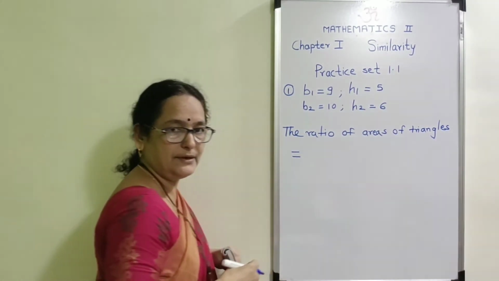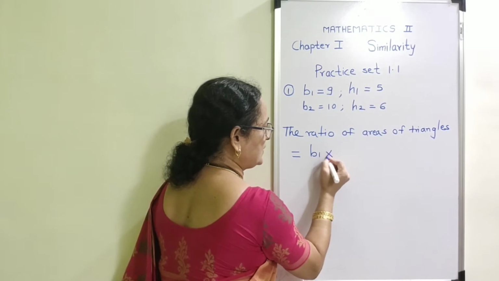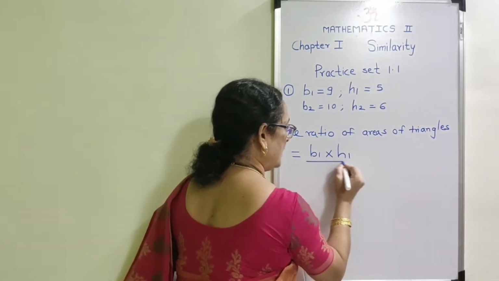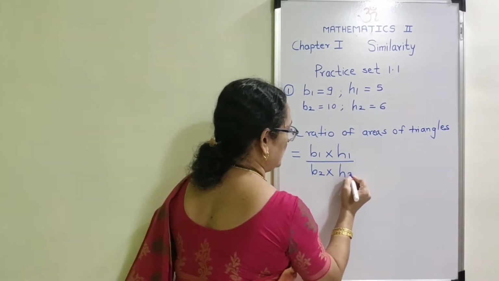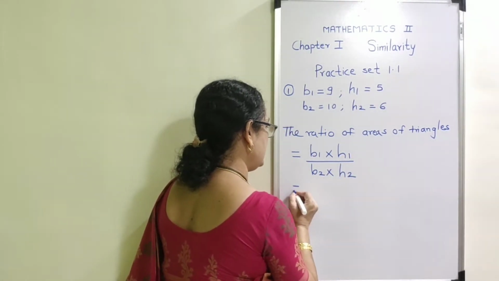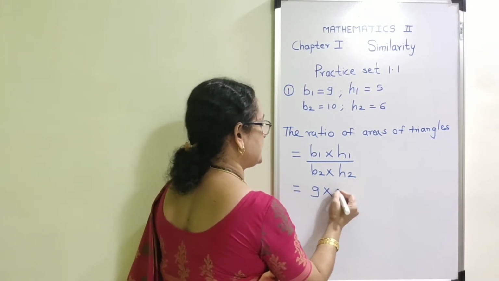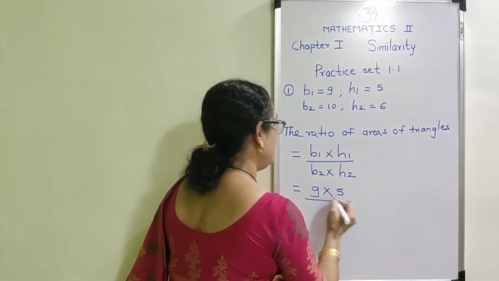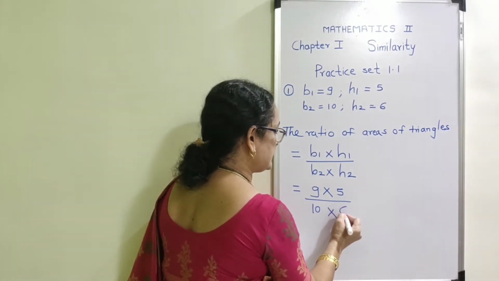By this property, we can write the ratio as B1 into H1 upon B2 into H2. Now substitute the given values. B1 is 9, H1 is 5, B2 is 10 and H2 is 6.